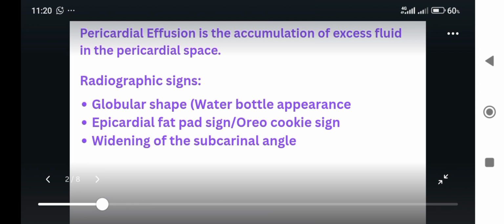Then we'll check whether there is the epicardial fat pad sign, or Oreo cookie sign. Then the widening of the subcarinal angle. There may be other signs that can point to a diagnosis of pericardial effusion, but these three signs are more specific.